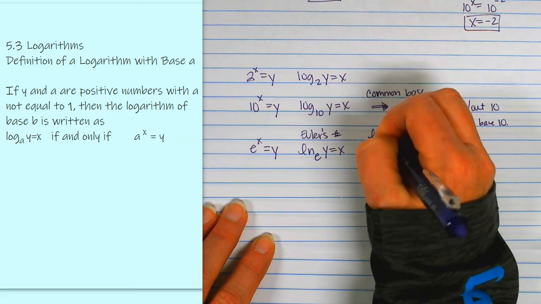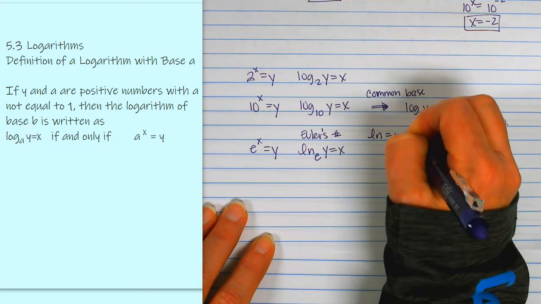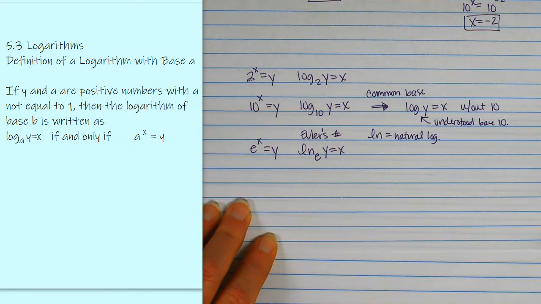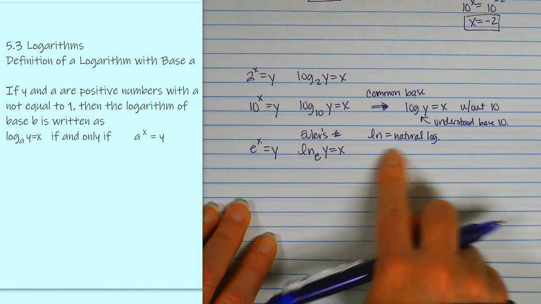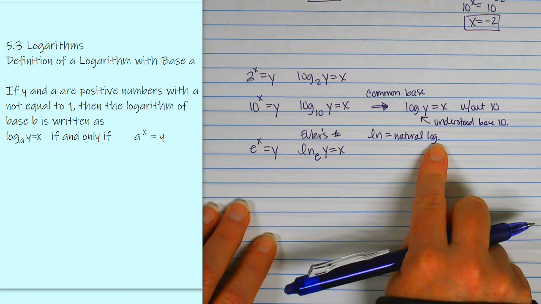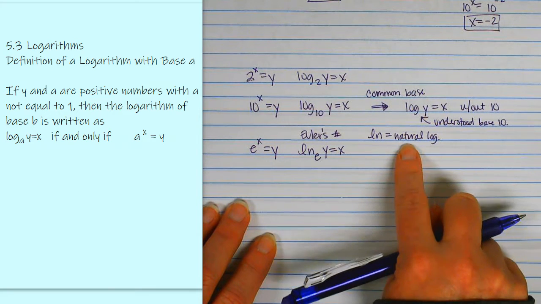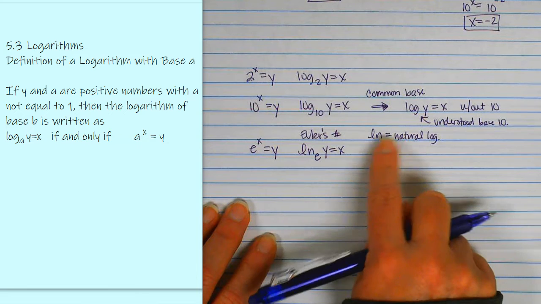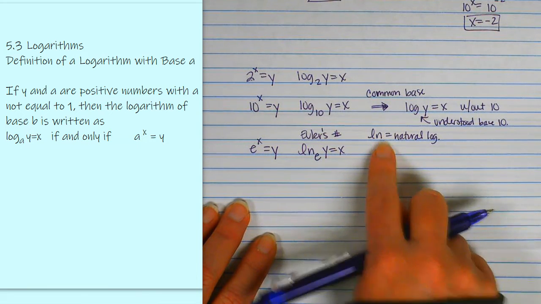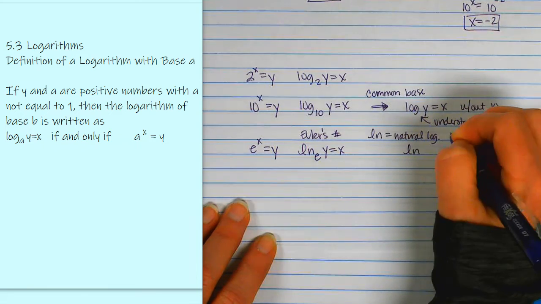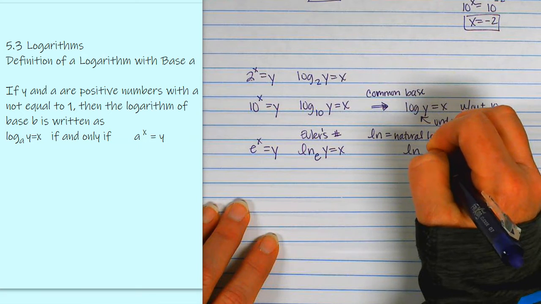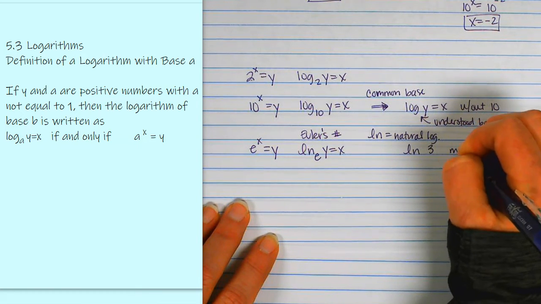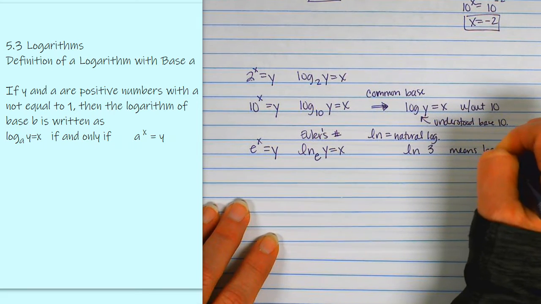So ln means natural log, and you'll wonder why it's not NL instead of LN, but this was first written out in French, which would be logarithme naturel. So backwards order than we would say in English. So LN stands for natural log, and so if you see ln of 3, that means base e.